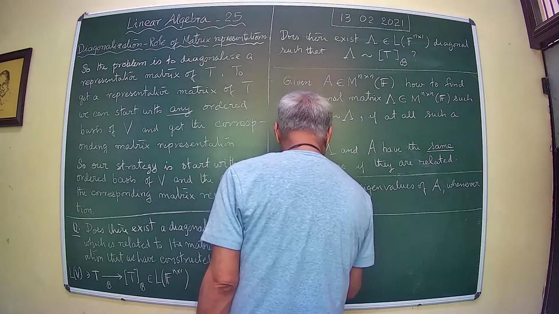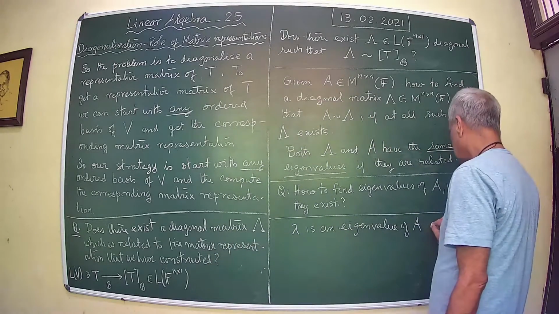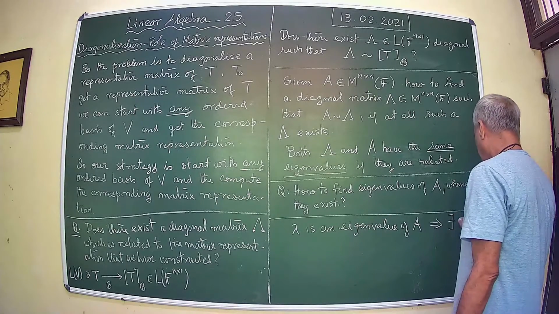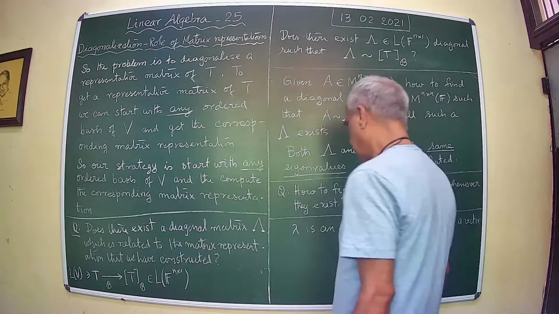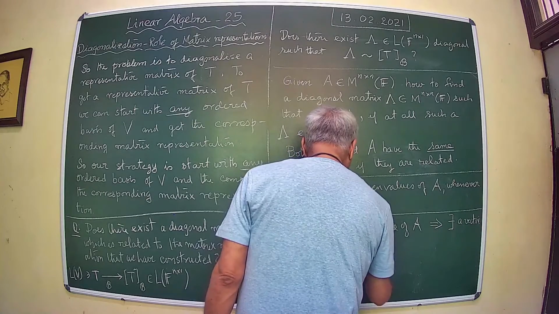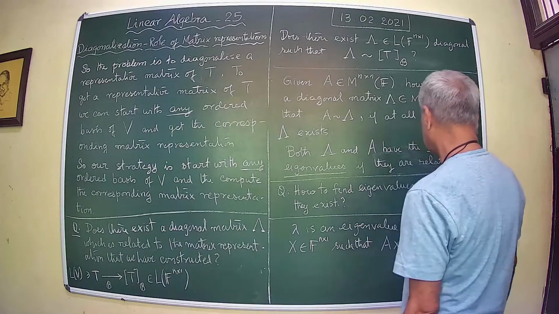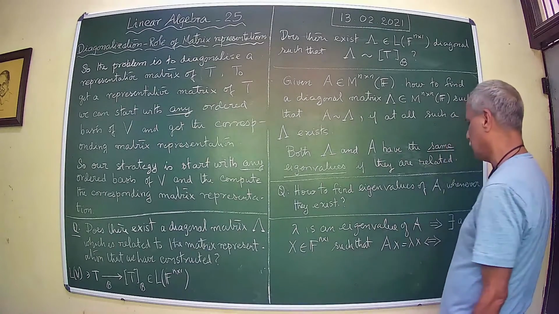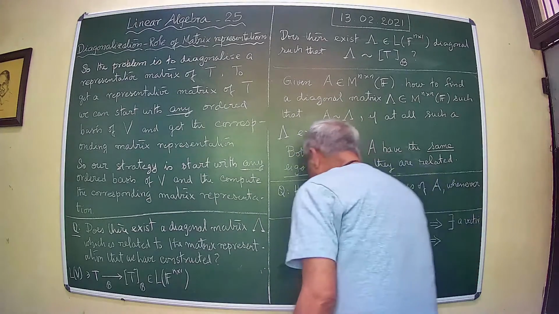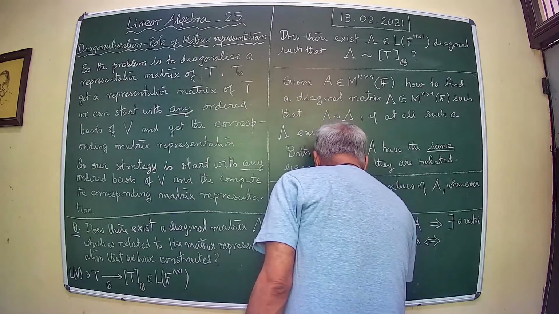See, we know that lambda is an eigenvalue of A if, implies, there exists a vector x belonging to F^n such that Ax equal to lambda x, and this we know is equivalent to lambda I minus A times x equal to 0.